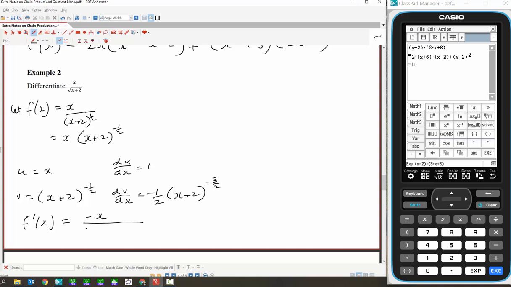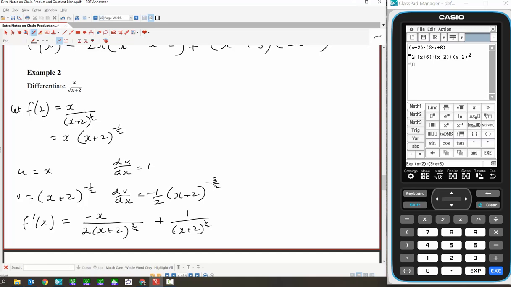So I'm going to write that as 2x plus 2 to the 3 on 2. So I've done that multiplied by that, so that's u dv dx plus v du dx, which is going to be, so I can see here that that's going to be 1 multiplied by that, which is going to just give us x plus 2 to the negative a half. And I'm going to write that straight away as 1 over x plus 2 to the half.